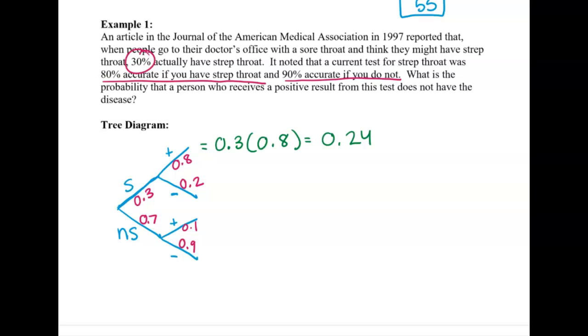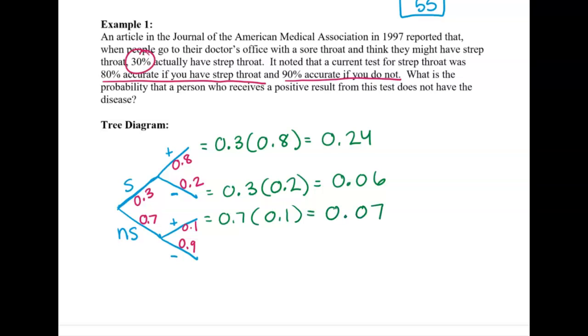Strep and negative test, 0.3 times 0.2, which is 0.06. 0.7 times 0.1 equals 0.07.